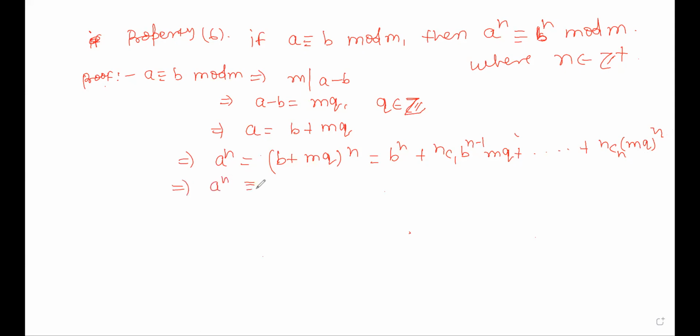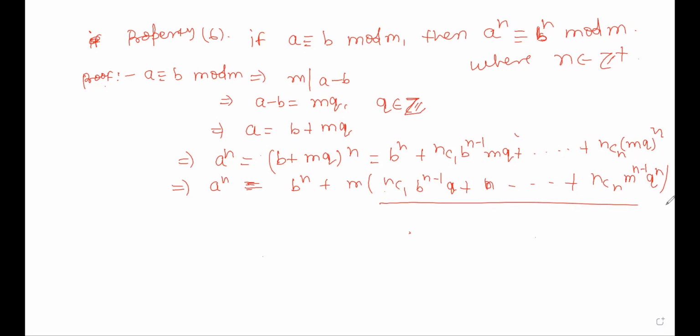And we can write it as a raised to power n equal to b raised to power n plus m into nC1 b^(n-1) q plus, and the last term nCn m^(n-1) q^n. Since we have taken m common, this is a multiple of m, and the remaining number belongs to the integers, because every term is an integer.